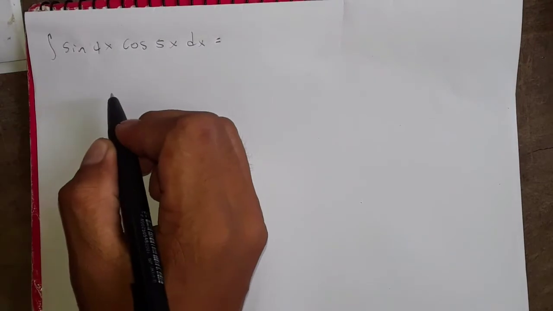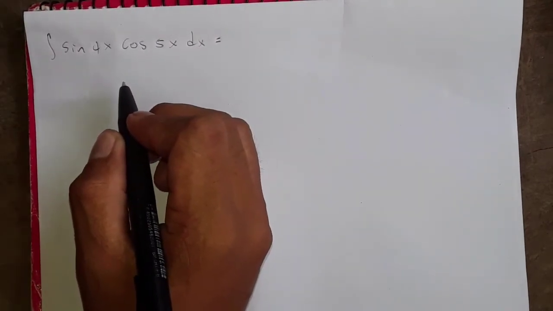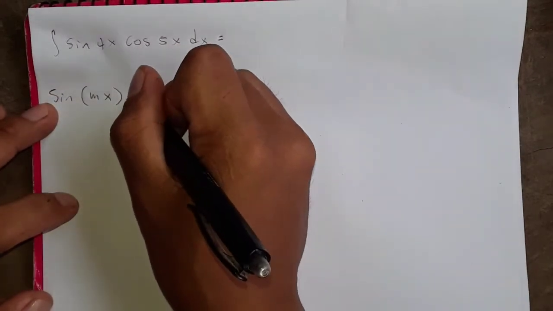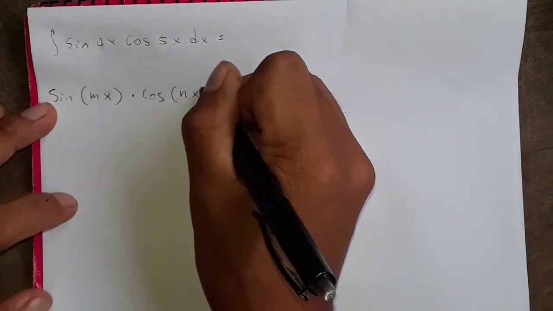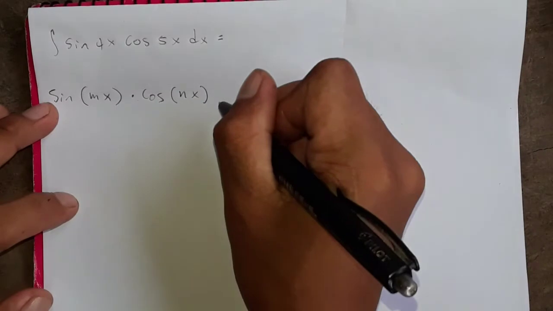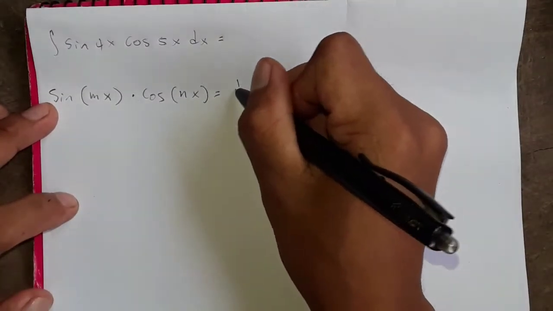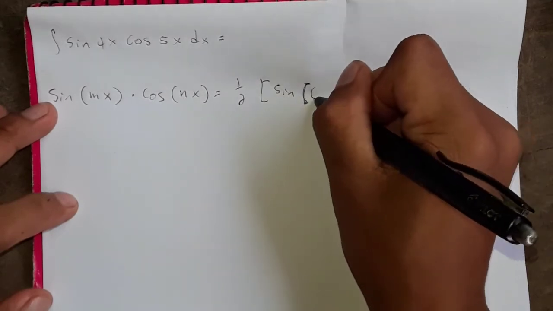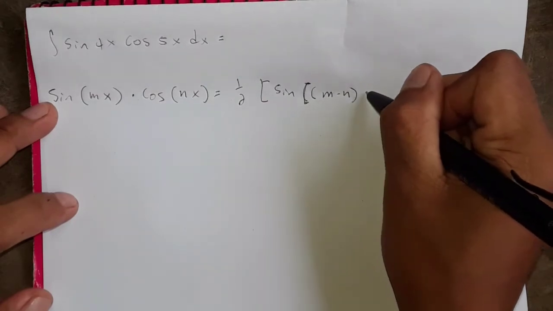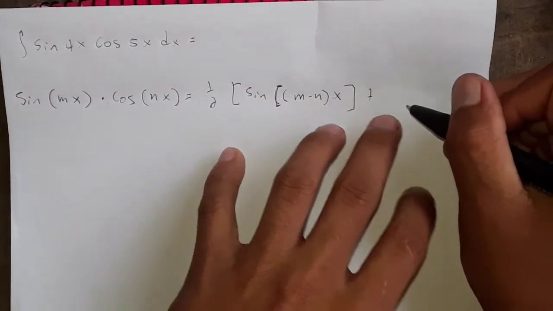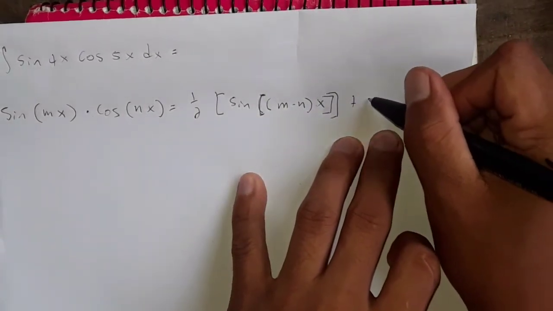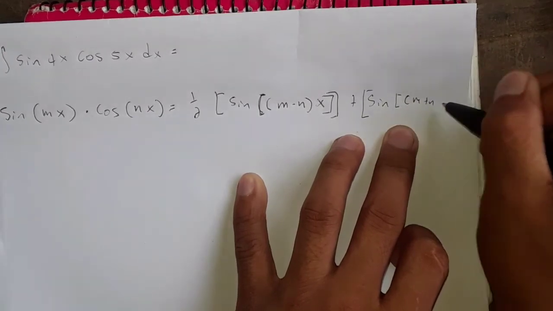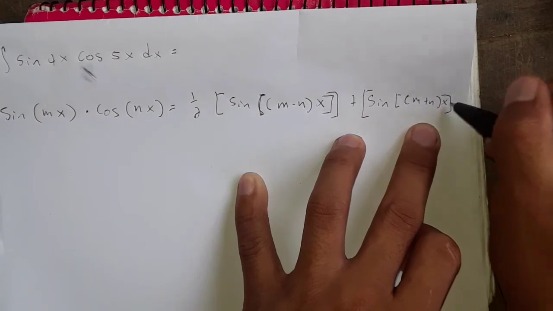In this function, we have to use the identity which says that if we have sine of m times x, cosine of n times x, where n and m are constants, it would be equal to 1/2 times sine of m minus n of x plus sine of m plus n of x.